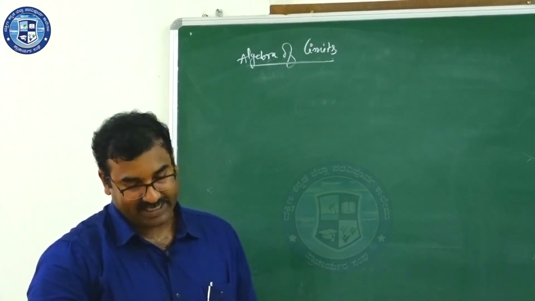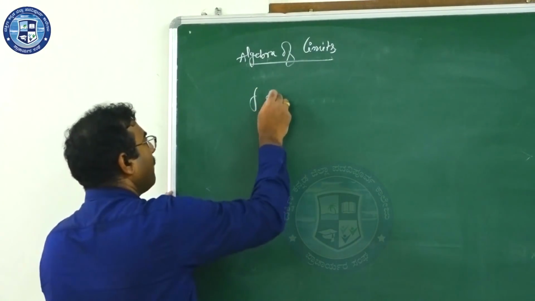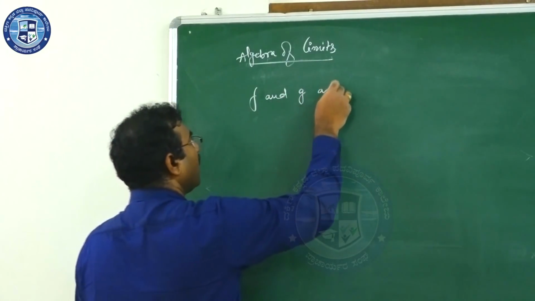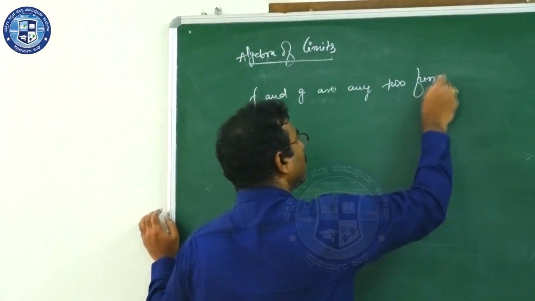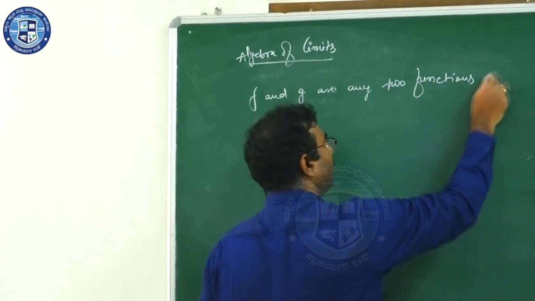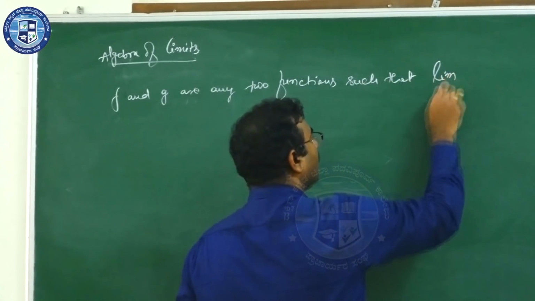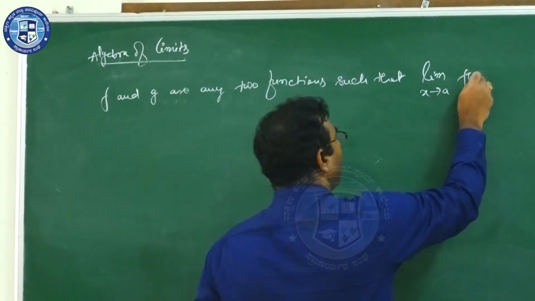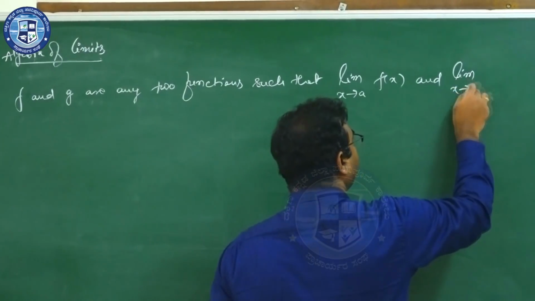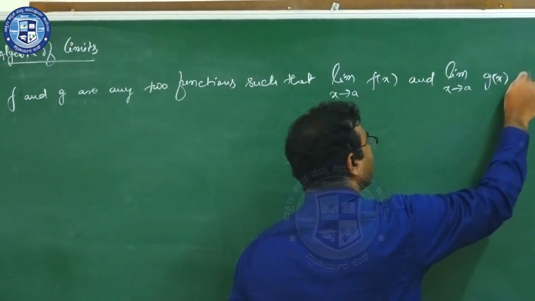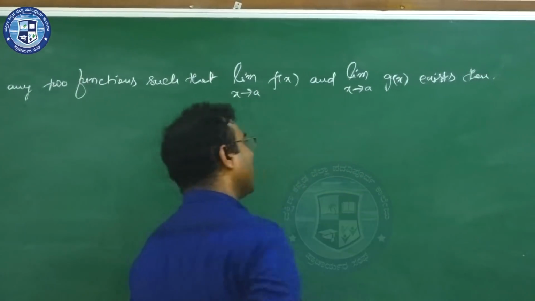If we take f and g, or any two functions f and g, such that limit x tends to a of f(x) and limit x tends to a of g(x) exist, then what can we write?